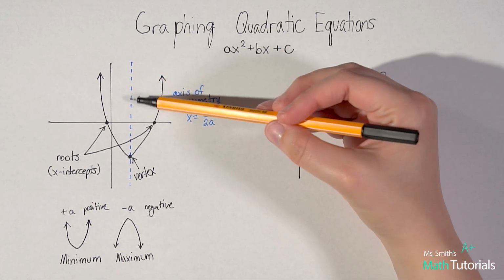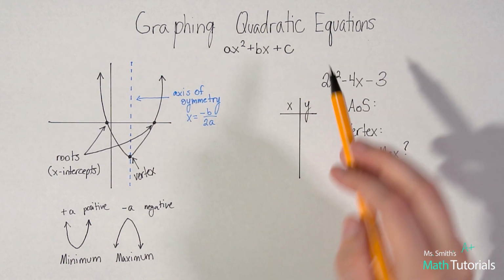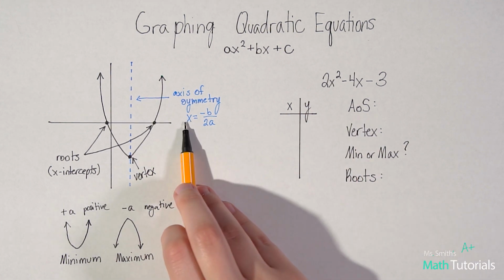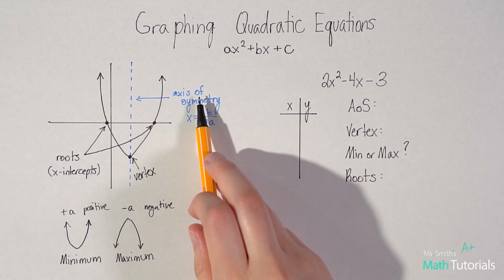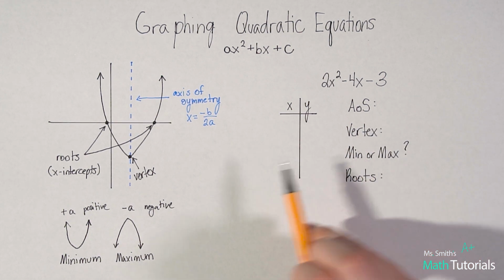Next thing I want to point out is this blue line. This is called our axis of symmetry, and a lot of times it's shortened to AOS. And sometimes people will even shorten it further by just calling it x. But in our classes, we always try to say axis of symmetry or AOS, so we don't confuse anybody.